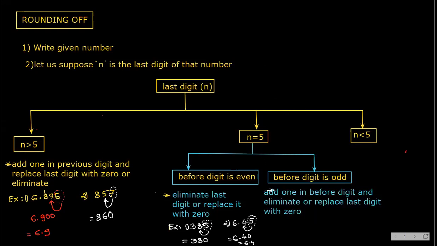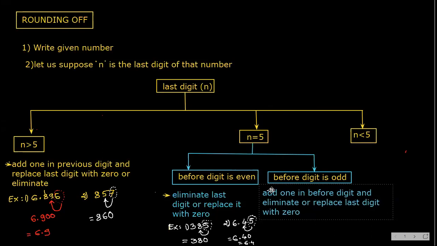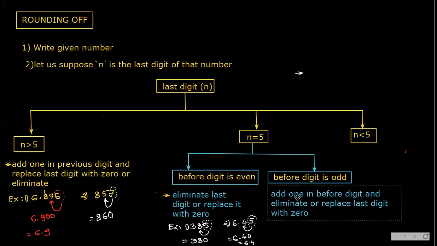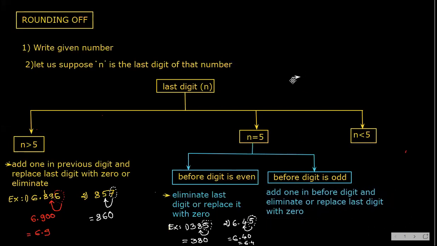Okay, let me take one example, see here below. 375. Now the last digit is 5, but the before digit you see is odd.